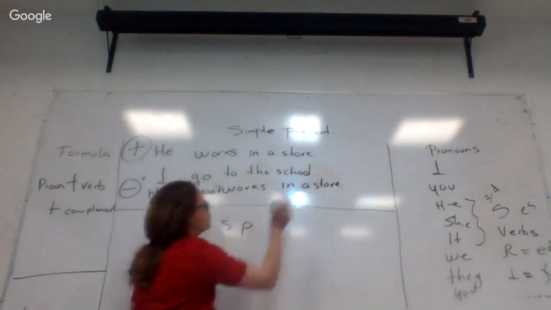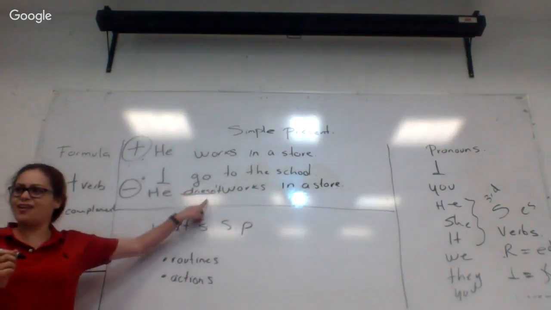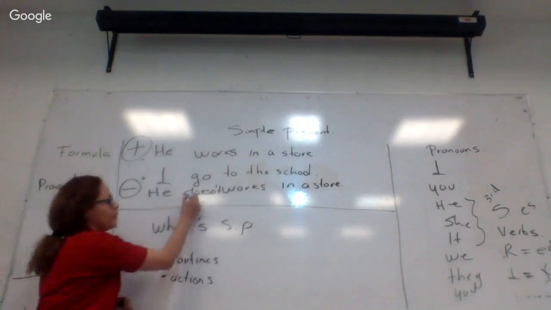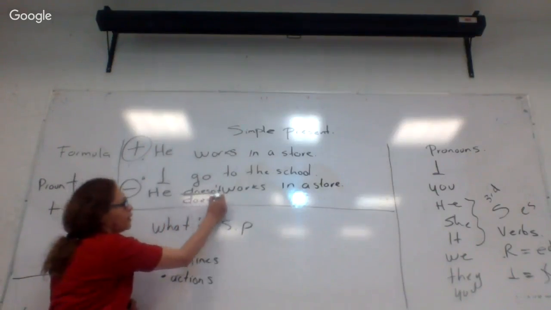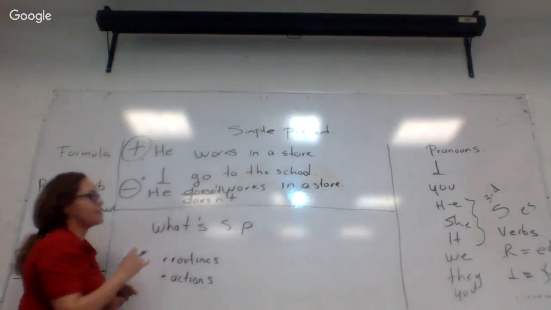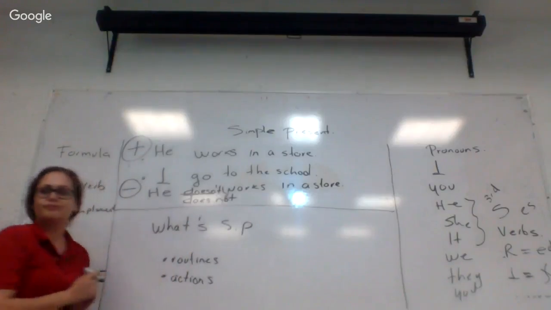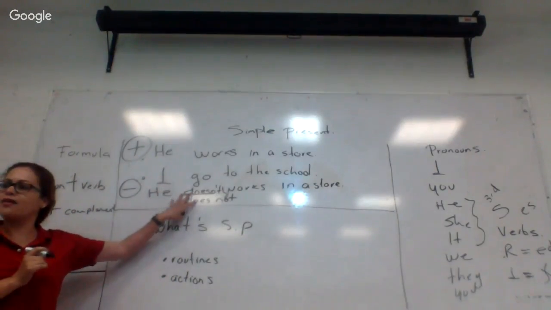This is the way that you have to use it in negative, okay? But right here, we have a contraction. Remember, it's the same. If you were to write it down, it's does not, okay? Any questions right here? No, you don't have any questions?